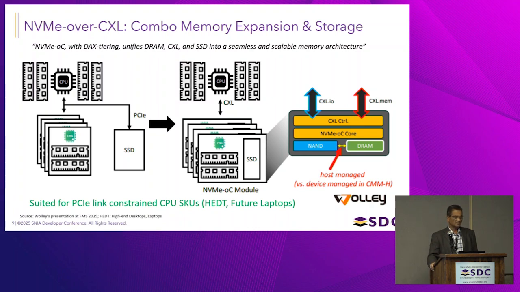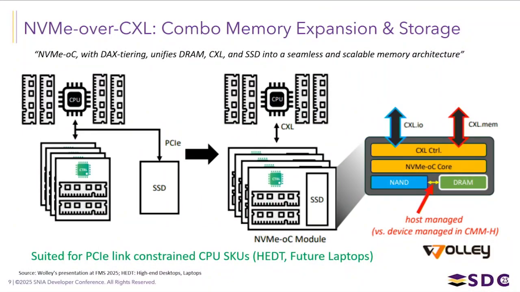In such CPUs, unlike the big Xeons, you don't have the luxury of having 6 PCI links. Today the big Xeon can say, okay, leave some PCI links for storage and networking cards or GPU, and you can use the rest for CXL. Because you have 6 of them, you can definitely add CXL memory. But in a high-end desktop or a workstation class product, you don't have that luxury.